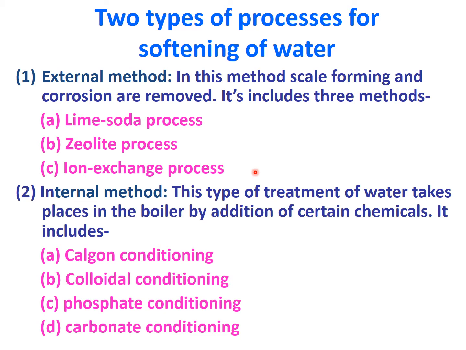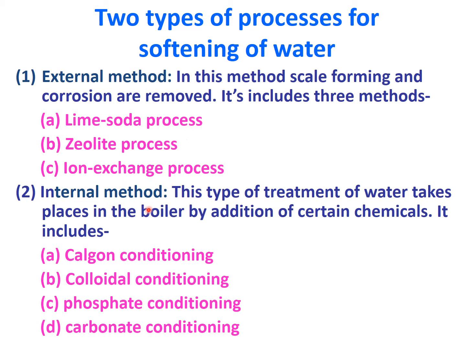In previous classes we discussed the ion exchange process, which is one of the best. From this process the hardness of the purified water is 1 ppm, while in the zeolite process the hardness is around 10 ppm, and in lime soda it is around 50 to 60 ppm.